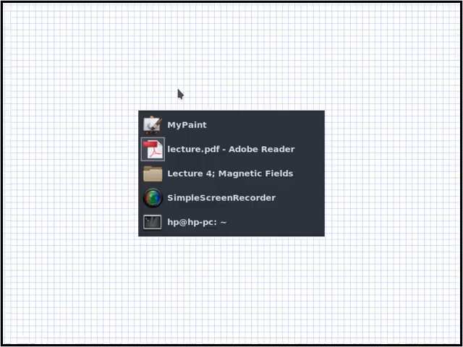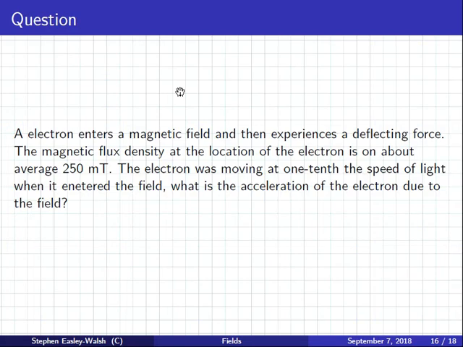See if you can calculate this acceleration. What's the V? The V is 1/10 the speed of light, which is about 3 times 10 to the power 8.